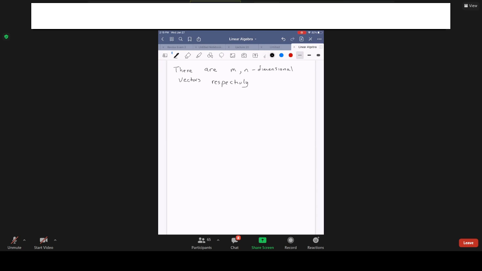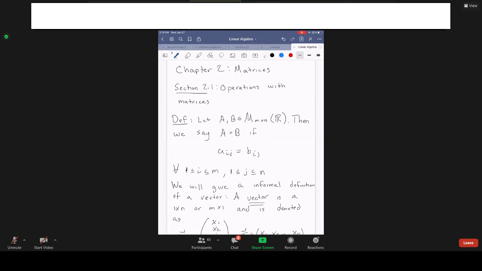So the one that looks like a column is called a column vector. Let me just copy this.